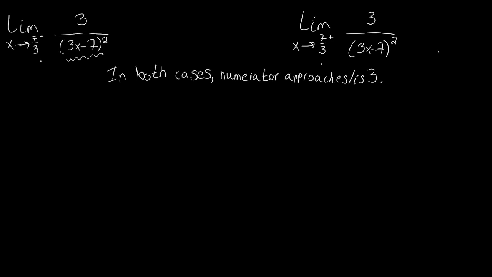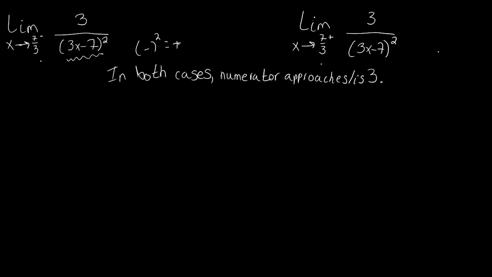But even though we get a negative difference inside of this parentheses, when we square a negative, we get a positive. So we're still going to technically be approaching 0 from the right, because as we get closer and closer to 7/3 from the left, that difference gets smaller and smaller as a negative number, but after we square it, it becomes positive.